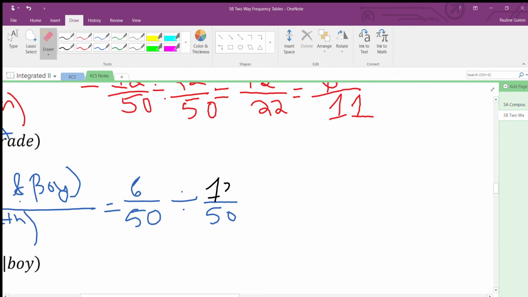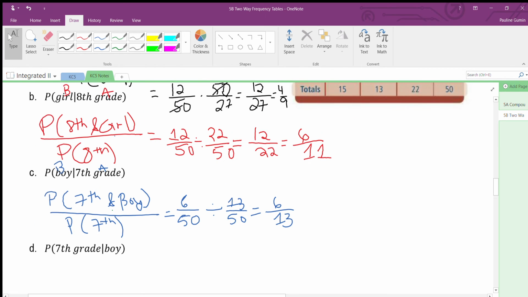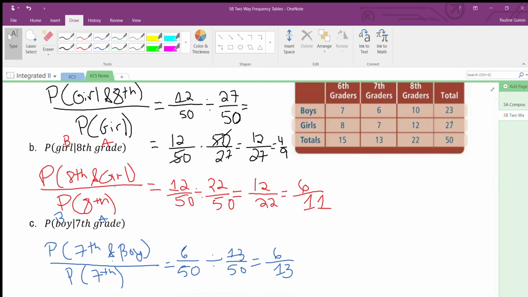Oh, I chose the wrong color. We get an answer of 6 over 13. Luckily for us, we cannot simplify any further. Okay, not too bad. You just got to be very careful with the format. I love writing everything out, so I highly recommend you do the same.